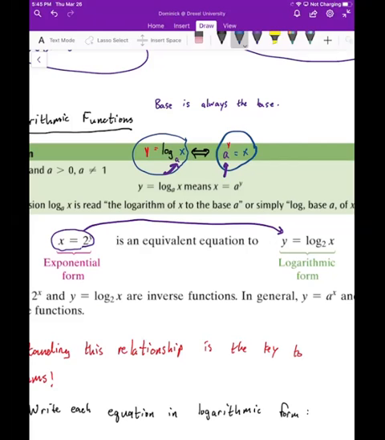Now, if we're talking about x here, I usually say that the thing with the log is not with the exponent. If you look at x, that's on the same side of the equal sign as the log, but it's on the opposite side of the equal sign from the exponent, right?